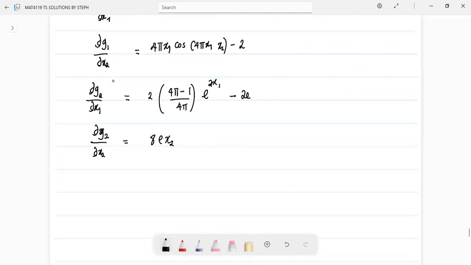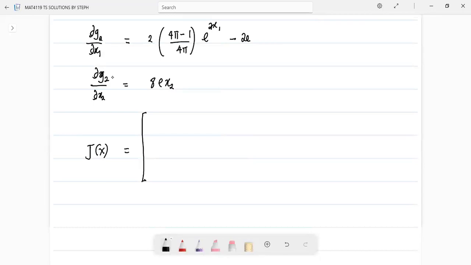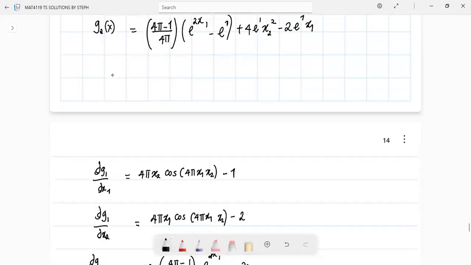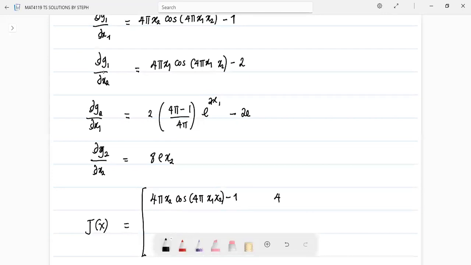Now put this in our Jacobian matrix. Our Jacobian matrix will be equal to: for the first row, 4 pi x2 cosine 4 pi x1 x2 minus 1, and then 4 pi x1 cosine 4 pi x1 x2 minus 2.